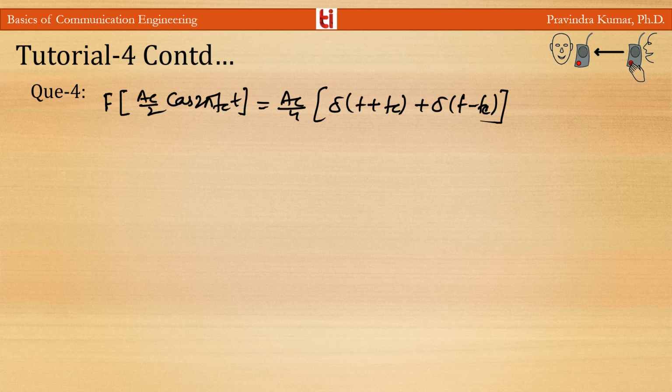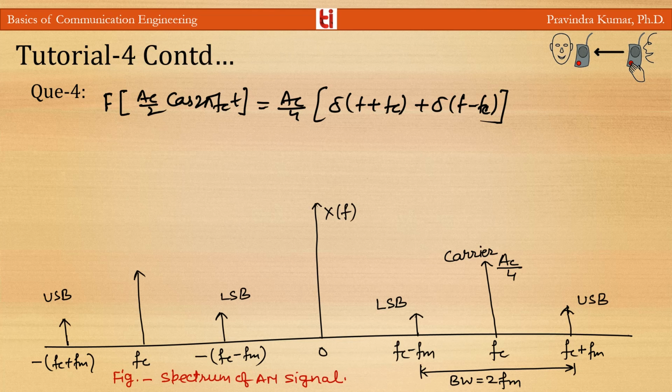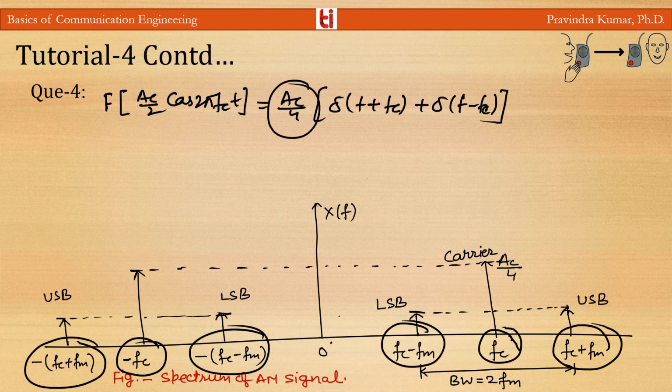So now the spectrum of the modulated signal can be drawn here. These are the carrier frequencies fc and minus fc, for which the amplitude is AC by 4, and the bandwidth is the difference between the upper sideband and lower sideband, which is 2 fm. This is the spectrum of the AM signal.